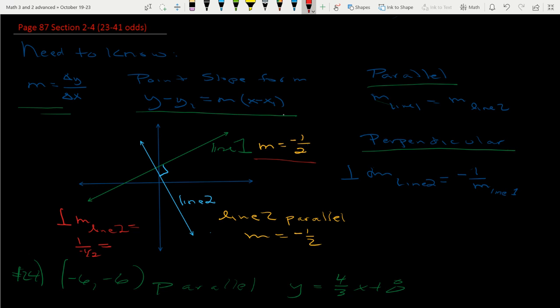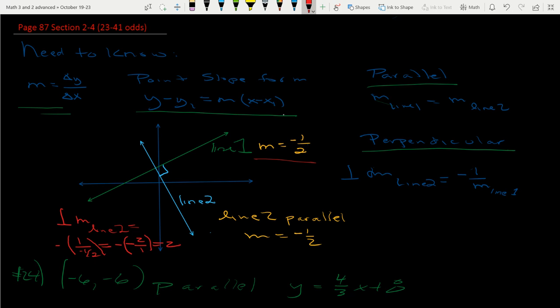If we take that and flip, when we're dividing by a fraction, we just flip the fraction over. And don't forget, it's the negative reciprocal, so there's a negative out there also. So we get the negative of this one flipped over, which is -2/1. So its slope is 2.